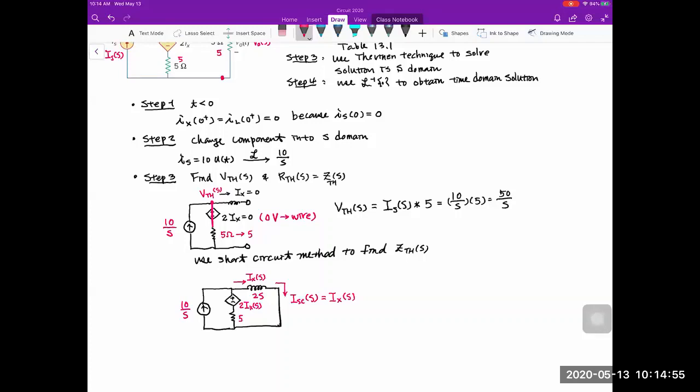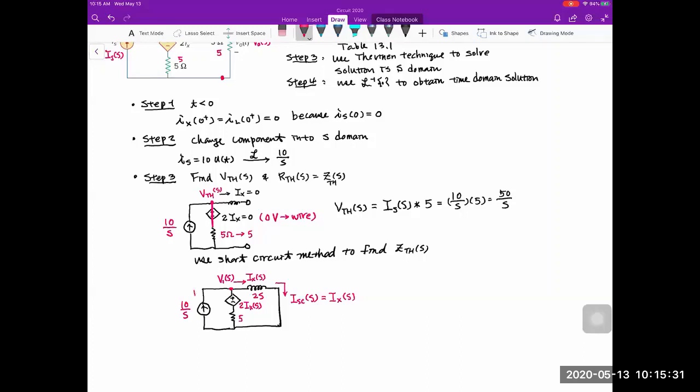Now, how do we solve this? How do we get the current I sub x in this problem? You can use any kind of method that you learned from chapter 4. I would probably just use node analysis. Let me assume this is the node, and say this is node 1. I'm just going to assume the voltage of this node is V sub 1 of S. And by assuming that, I am looking at current going into this node.